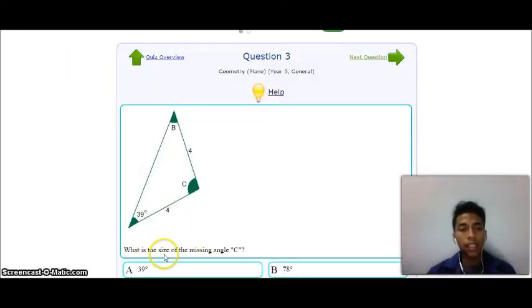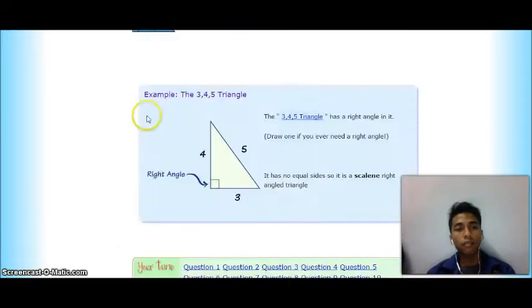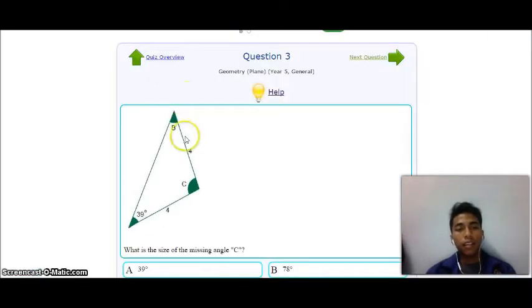Next question. What is the size of the missing angle C? Okay. What is the type of this triangle? This type of triangle is an isosceles right angle triangle. So the two sides are the same.